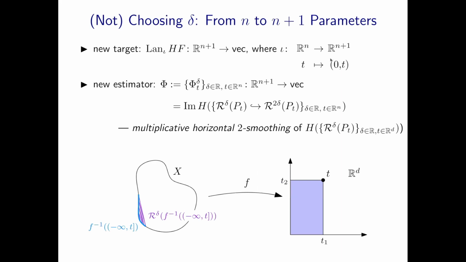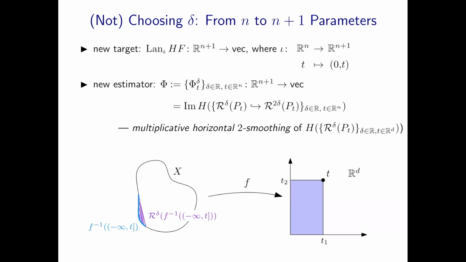Now, my new estimator is the full n+1 parameter module, which I call phi. So phi is basically given by taking phi delta for every single value of delta. And of course, there are natural morphisms between the phi deltas for different values of delta. Those morphisms come from inclusion in homology. One way to see that module is as follows.